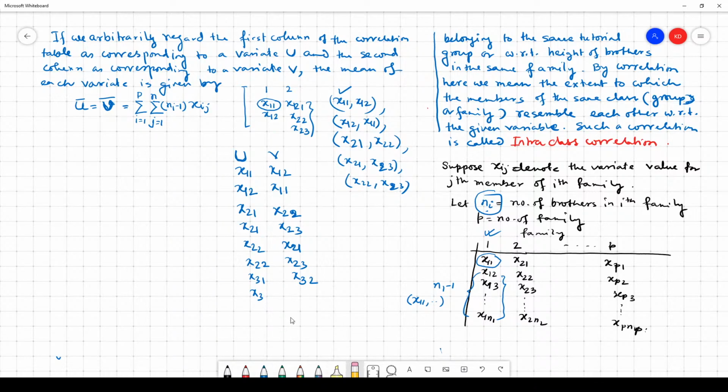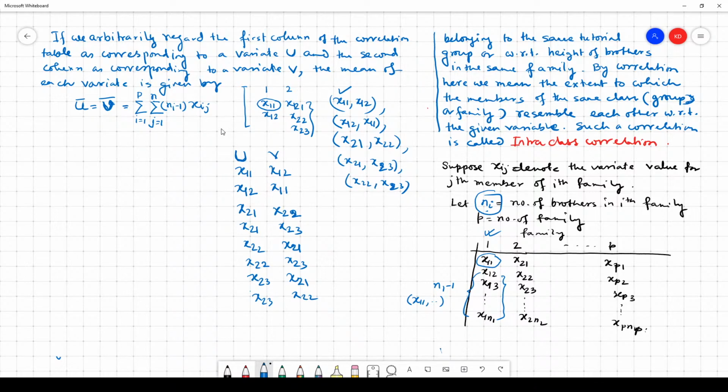Sorry, please change the notation. In this way we can define the variables U and V.